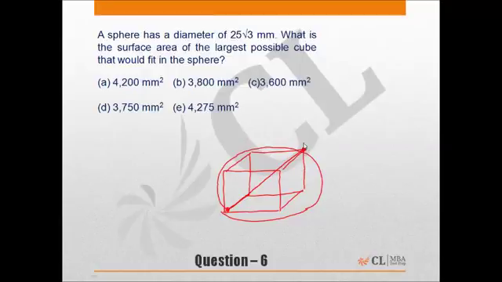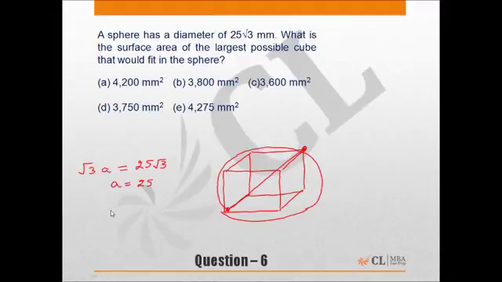That will be the body diagonal of this cube, which is equal to root 3 a. So root 3 a is given as 25 root 3. That means the side of that cube will be 25.